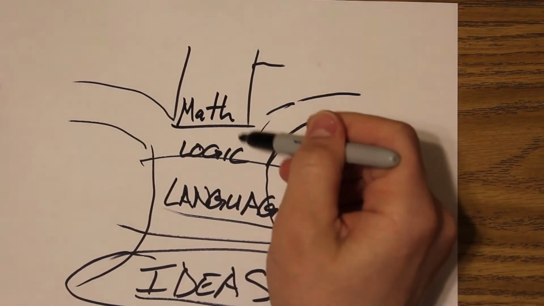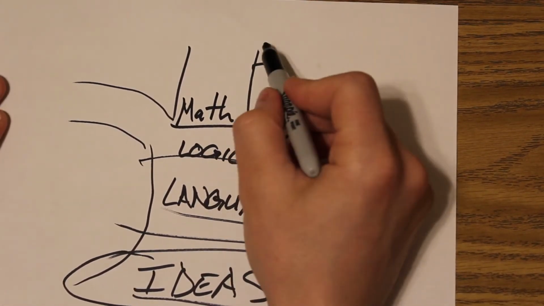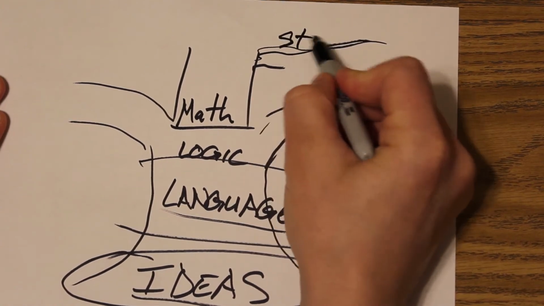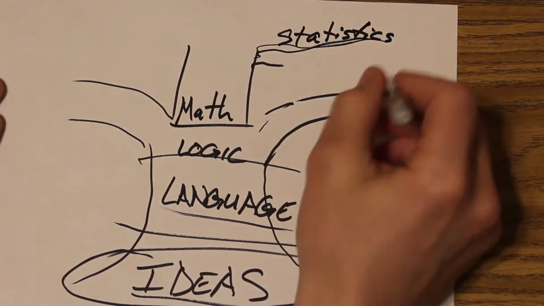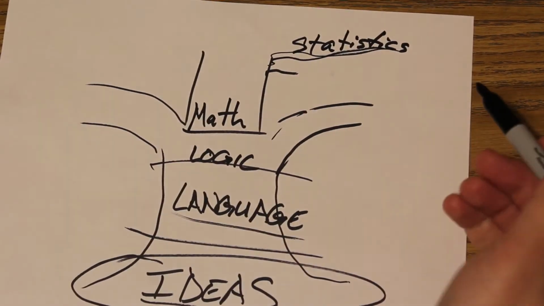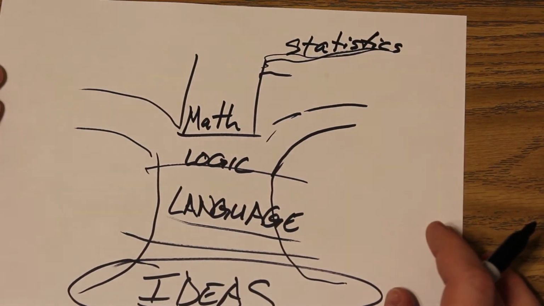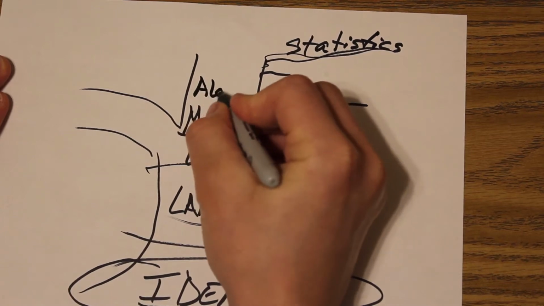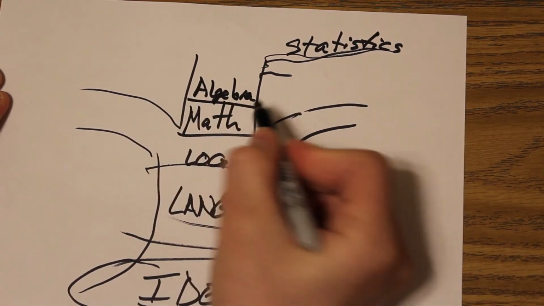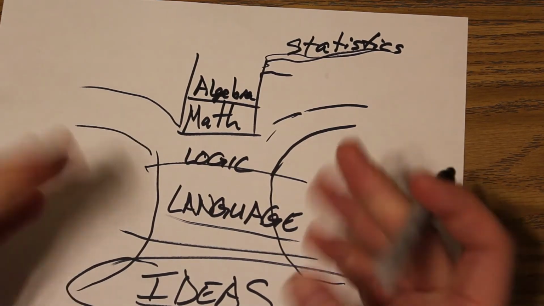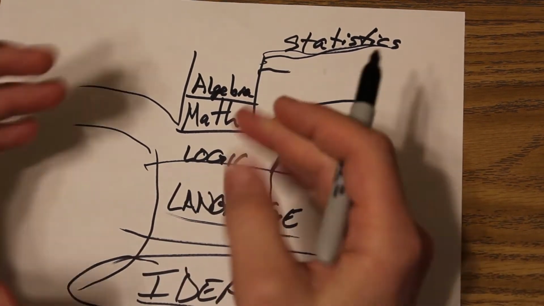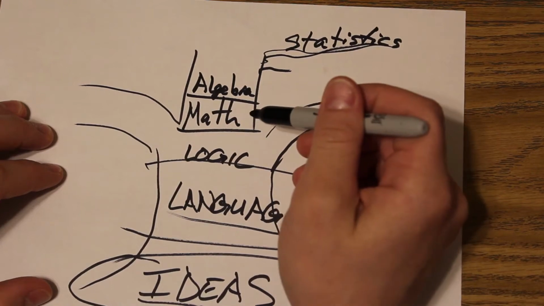Math is based on logic. Sometimes you'll get statistics, another branch of math where it is based on probabilities and generalizations. But usually, it's not as strong as algebra that's straightforward. It's structural. It's completely deductive, absolute and certain. So logic is the most rigorous, and then math.